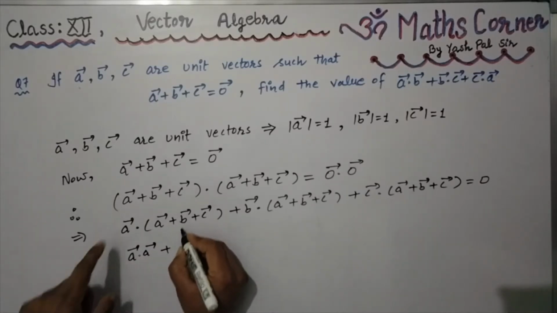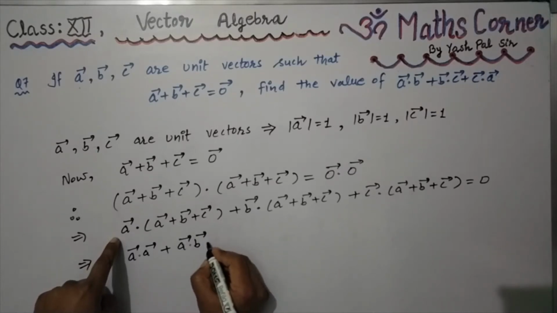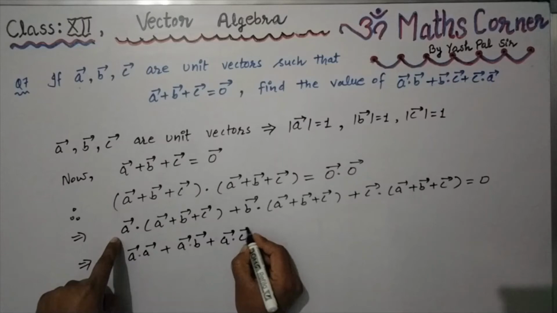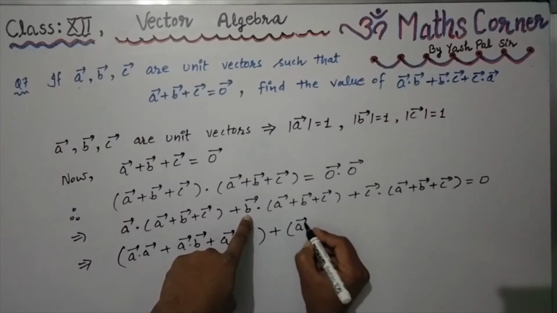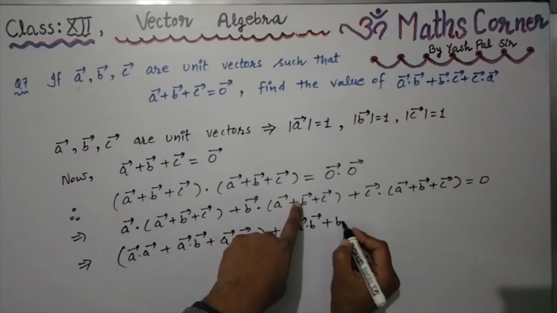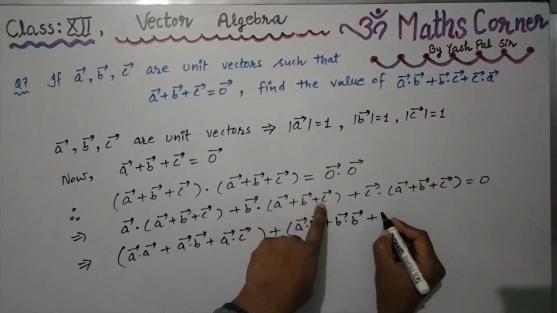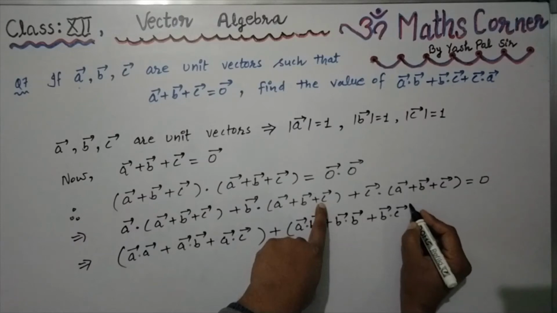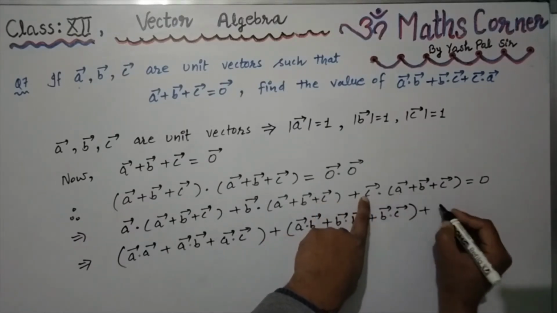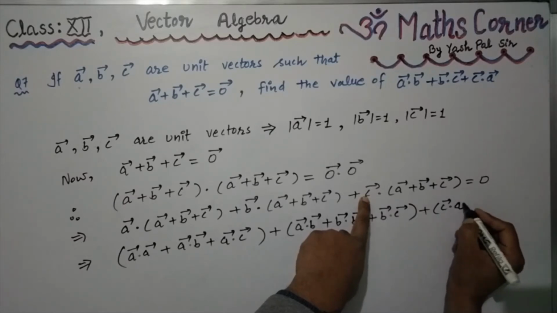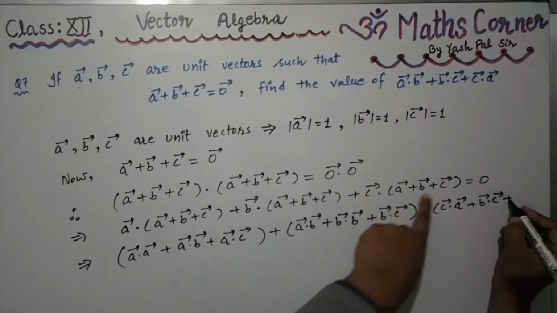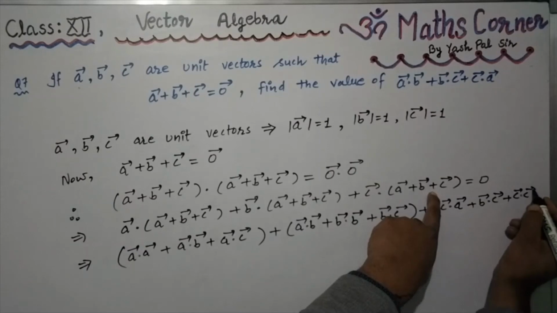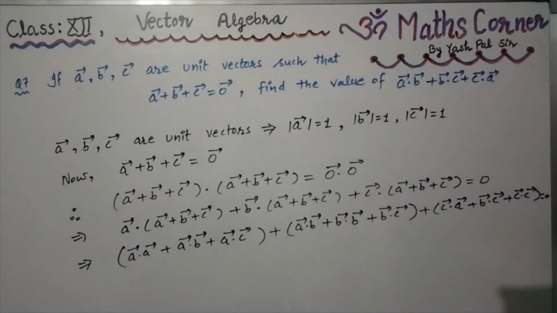So again we can write this as A dot A plus A dot B plus A dot C, first bracket is over, plus B dot A, we can write this as A dot B, plus B dot B plus B dot C, second bracket is over, plus C dot A plus C dot B or B dot C, that is the same thing, plus C dot C, right hand side is 0.